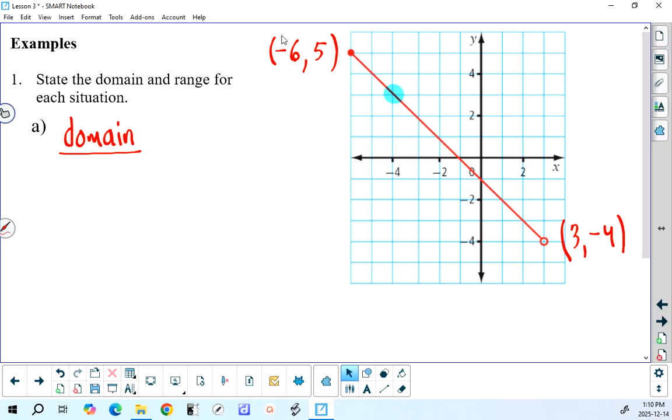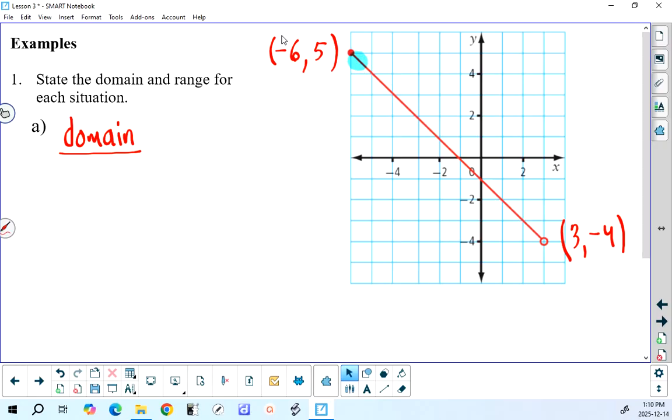What I'm getting at is that all of these numbers, -6 for an x-coordinate, -5 for an x-coordinate, -4 for an x-coordinate, these are all numbers for x that are in the domain. And since this is a line connecting the points, not only is -6 an x-coordinate in the domain, and -5 an x-coordinate in the domain, any number between those two is in the domain.